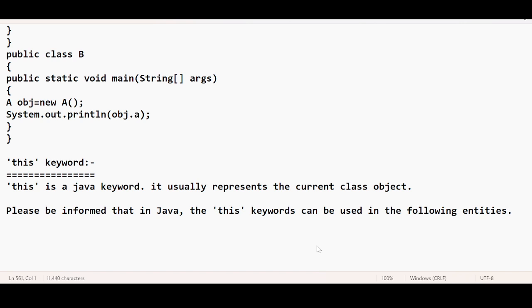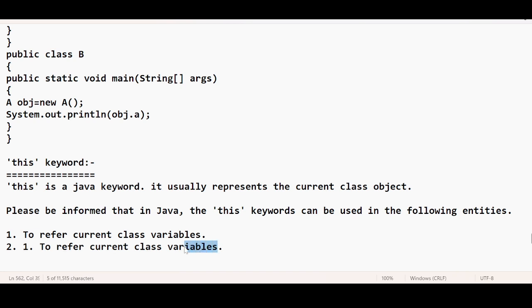What are they? There are four entities where this keyword can be used. The first one is to refer to the current class variables. And the second point, to refer to current class methods, you can use this keyword.